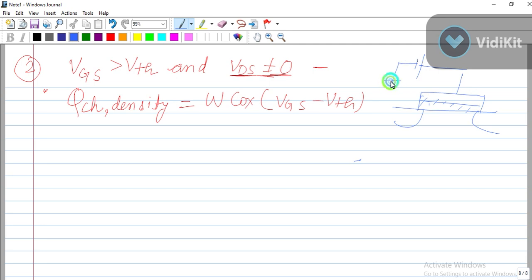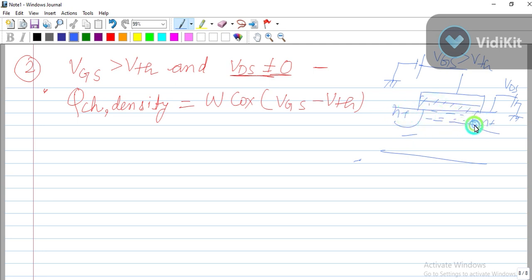There is VGS which is greater than VTH, and I'm keeping VDS here. This is N plus.